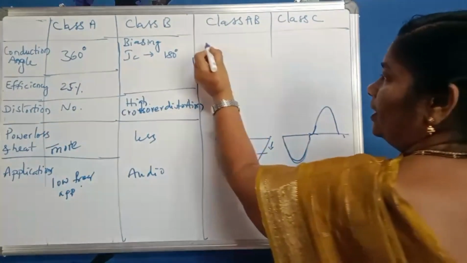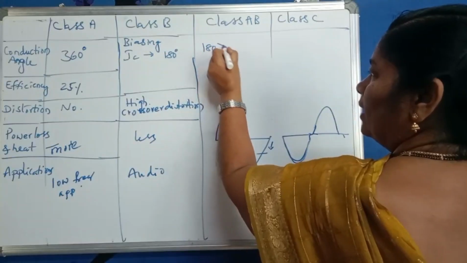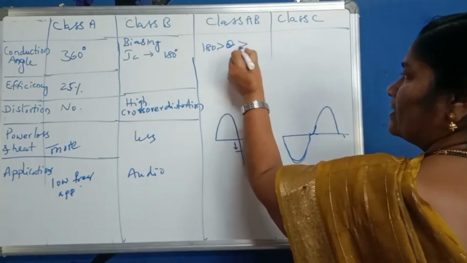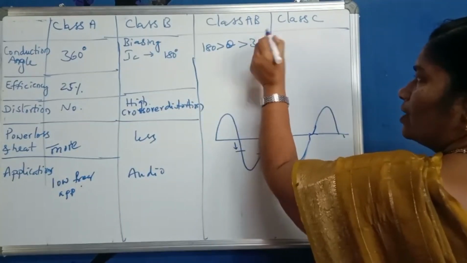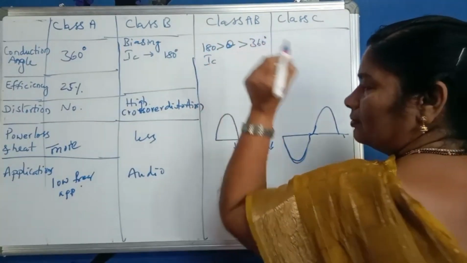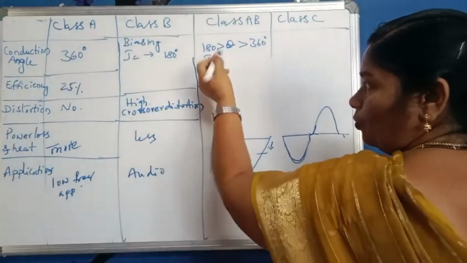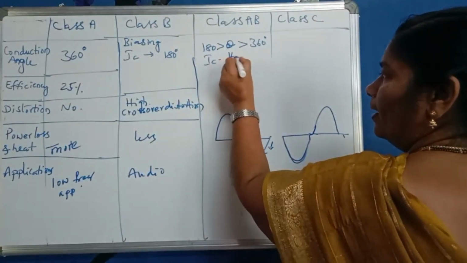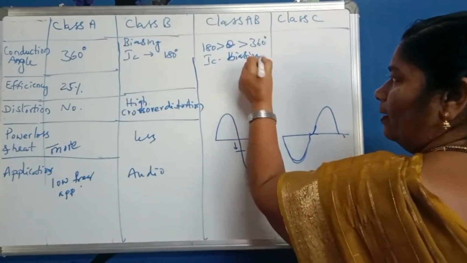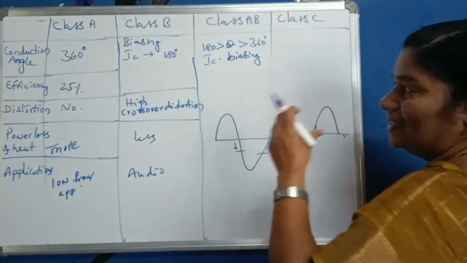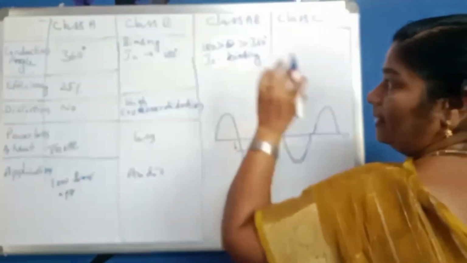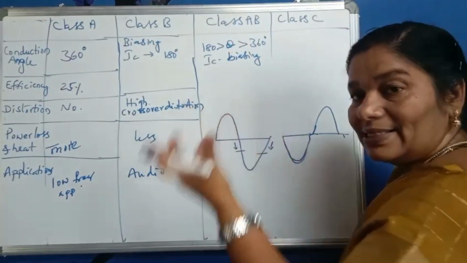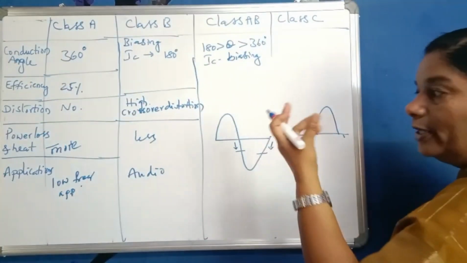So the conduction angle will be more than 180 degrees and less than 360 degrees. The Q point is adjusted using proper biasing. Biasing is set in such a way that the collector current IC flows for more than 180 degrees and less than 360 degrees of the input signal.